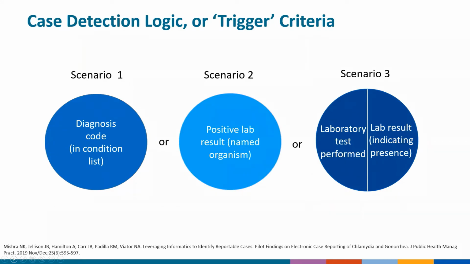Alternatively, a patient could have a positive result that is specific to a pathogen of interest. And then the third scenario is a combination of a pathogen-specific lab test with a positive result. And then for each of these scenarios, we also came up with a list of ICD-10 codes, LOINC values, SNOMED codes to go along with that.